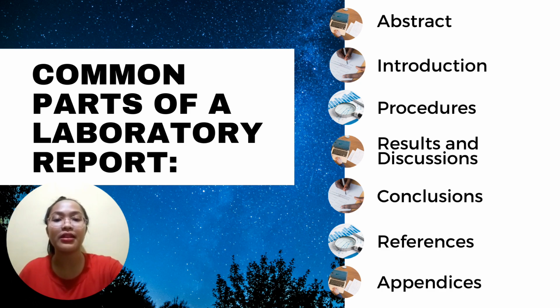And the last one is the appendices. This part is composed of raw data, the calculations, graphs, figures, pictures, communication, and so on that you have not included in the report itself.